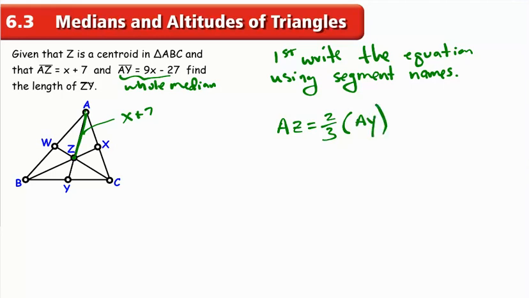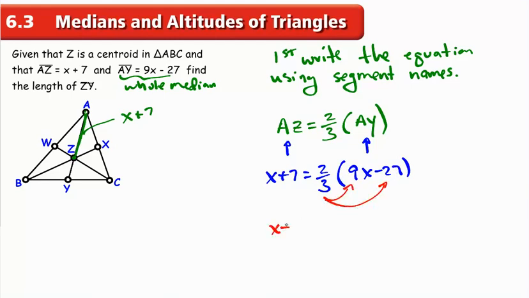Now let's plug in their algebraic expressions. AZ is x plus 7, and that equals 2/3 times AY, which is 9x minus 27. And when we distribute this 2/3 through here, we get x plus 7 is equal to 2/3 times 9x minus 2/3 times 27.